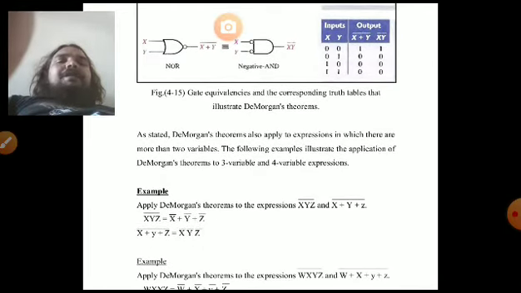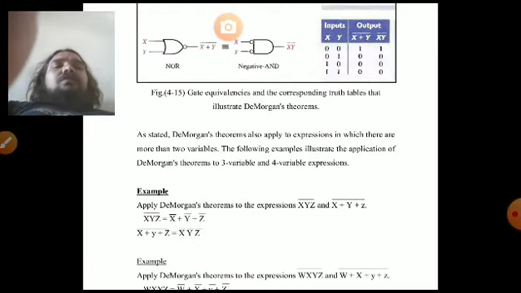Do the standard De Morgan's theorems also apply to expressions in which there are more than two variables? The following examples illustrate the applications of De Morgan's theorems to 3-variable and 4-variable expressions.